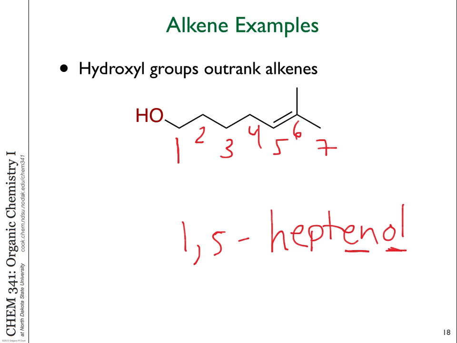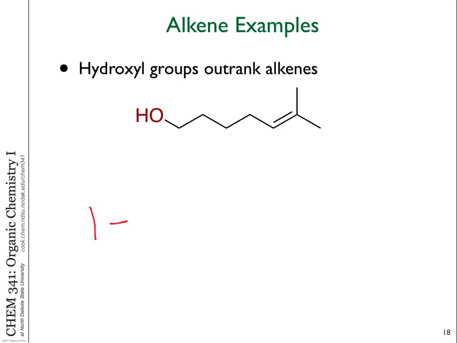So you could do that. There are a couple of ways you can do this. Since the alkene is at 5 and the alcohol is at 1, you could say 1-hept-5-ene-ol. That's a little confusing.